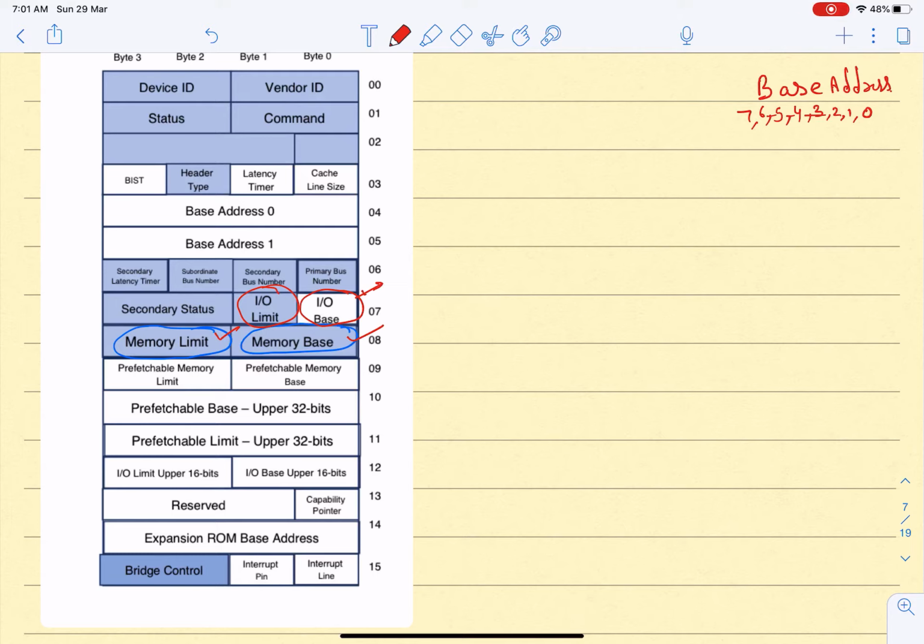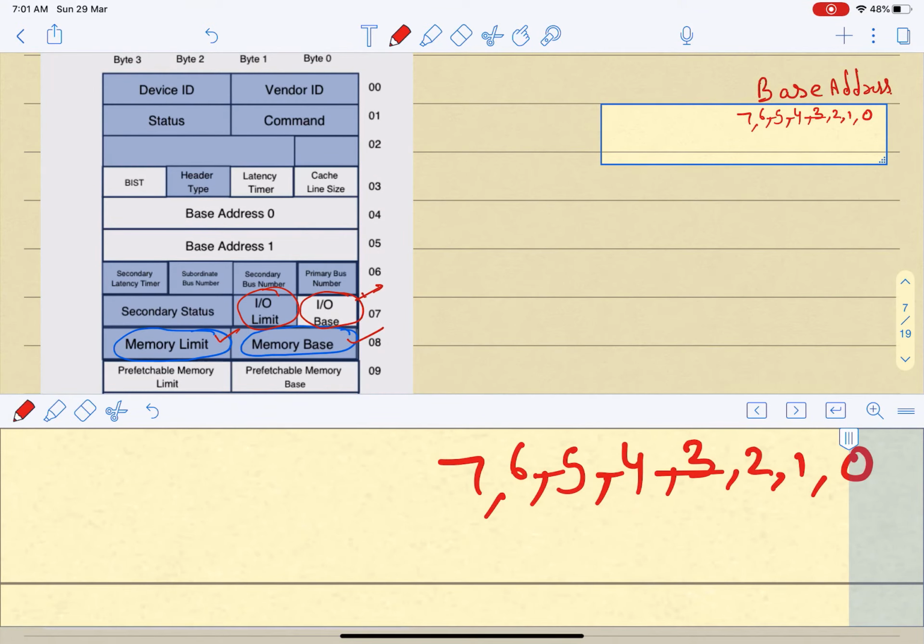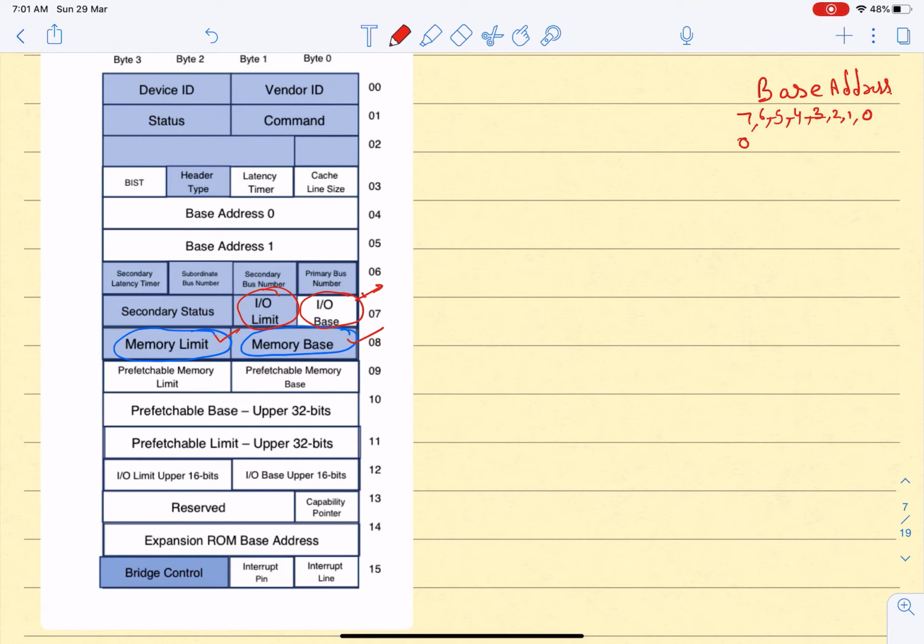So here in the base, let's suppose that we have written the value as 0110, and the last 4 bits tell whether this IO base is 16-bit or 32-bit.